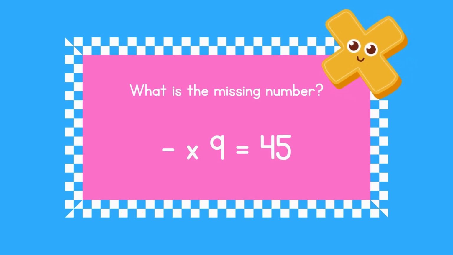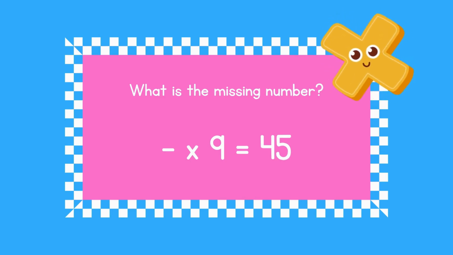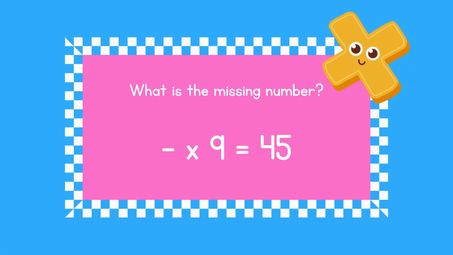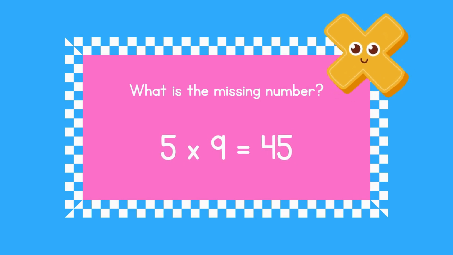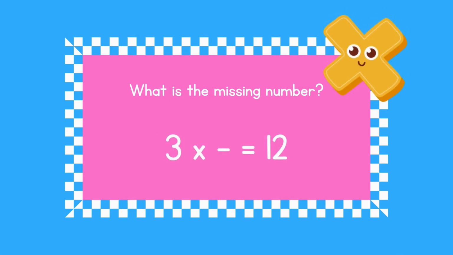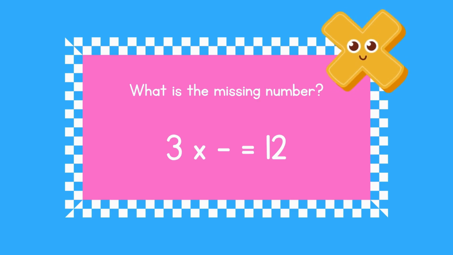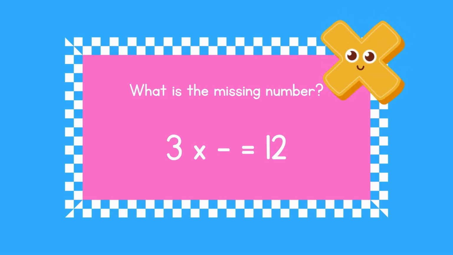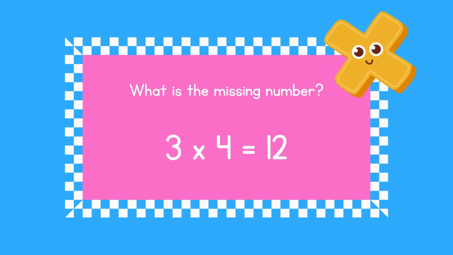Find the missing number. Five multiplied by 9 is 45. Find the missing number. Three multiplied by 4 is 12.